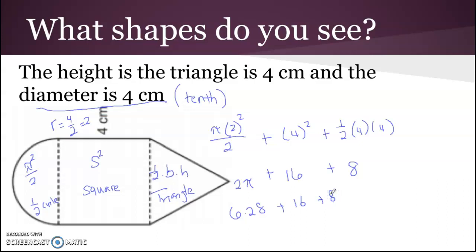If you enter all of this in the calculator, it works out to be 30.28, and we're rounding this to 1 decimal, so it's 30.3. Don't forget, we're working in centimeters, and it's the area, so it's centimeters squared. And that's our final answer, 30.3 centimeters squared.